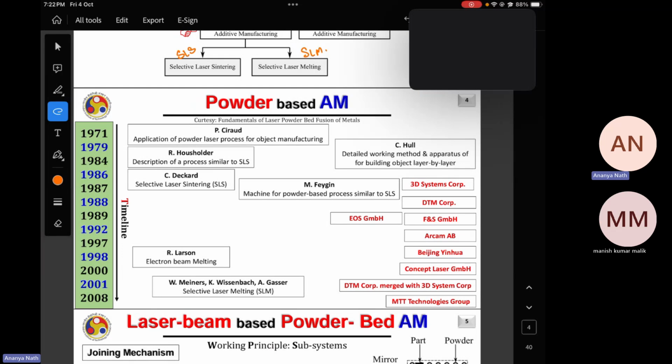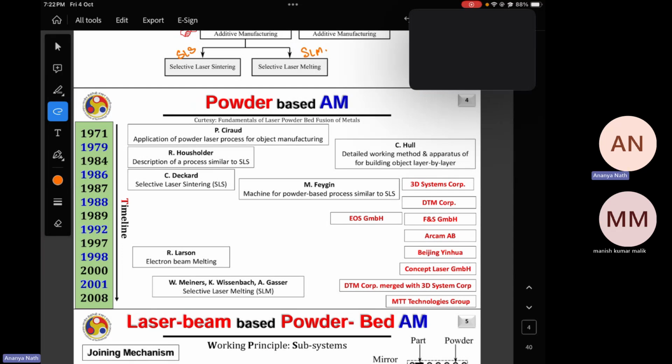Then they got their machine M280, which is used for metal SLM, like selective laser melting. Then they have their most popular machine M290, which we are also having in our lab. We work on that machine. Then they have M400.